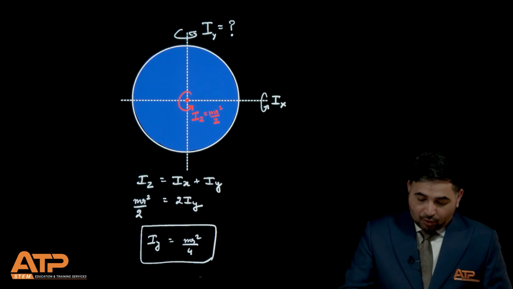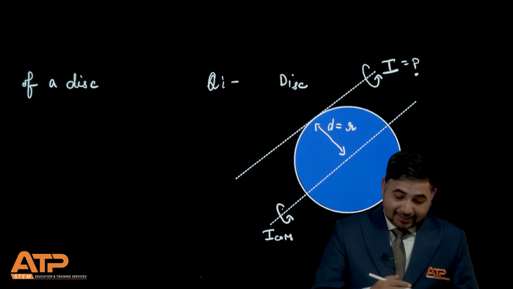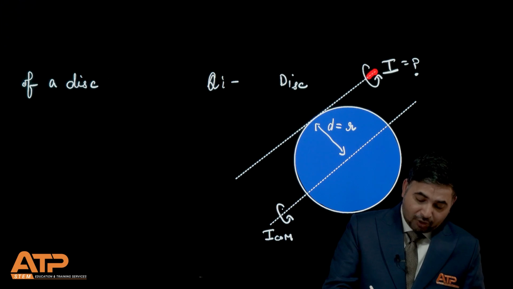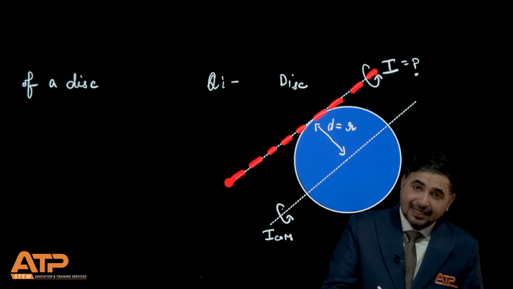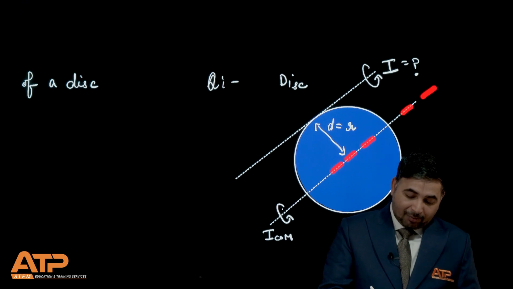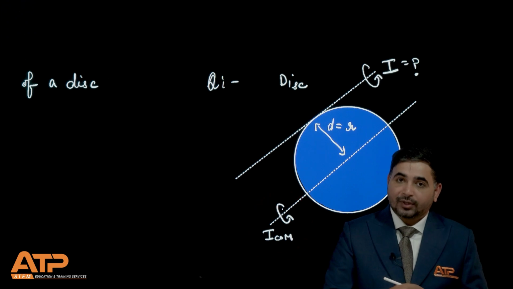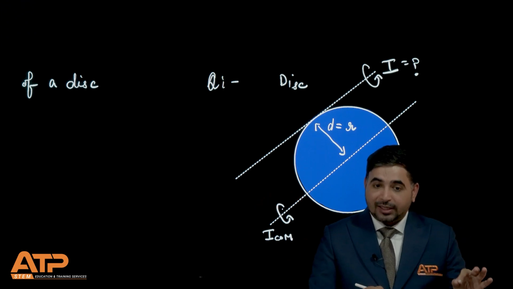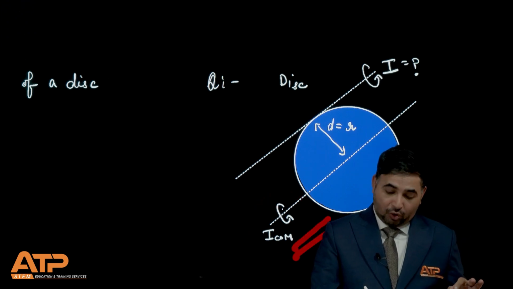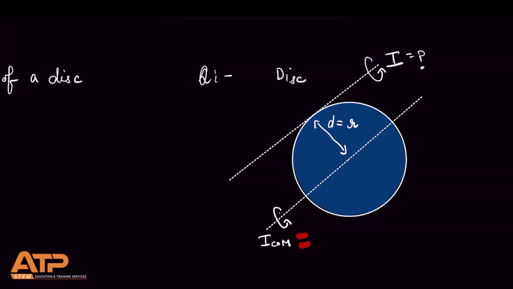Okay? What if the question is this? In this case, we have a disk and moment of inertia about a tangent is being asked. Here if I take a line parallel passing through the center, then this will become ICOM, right? And we just solved the answer for this exact question because this happens to be the diameter as well. So how much is this ICOM?